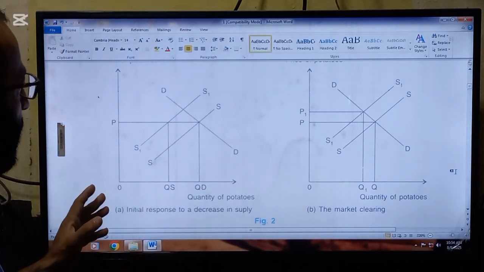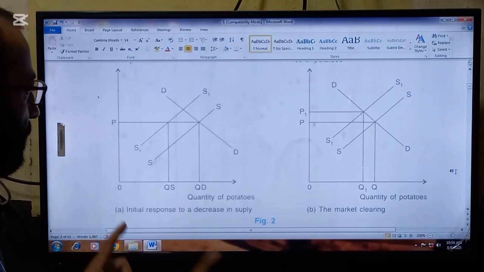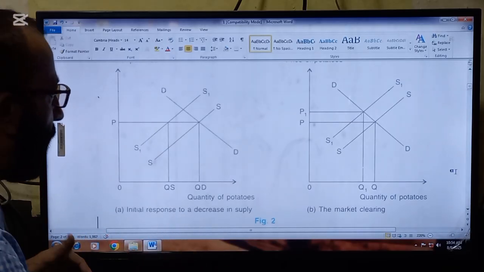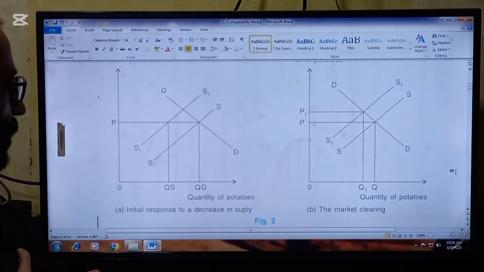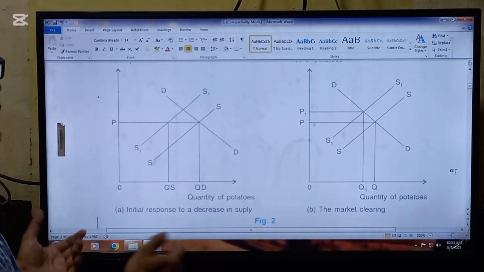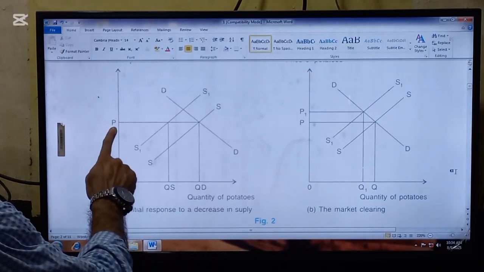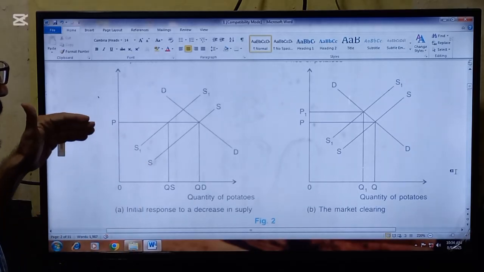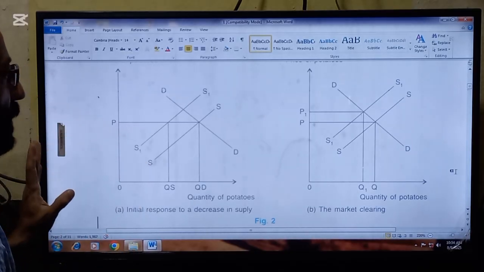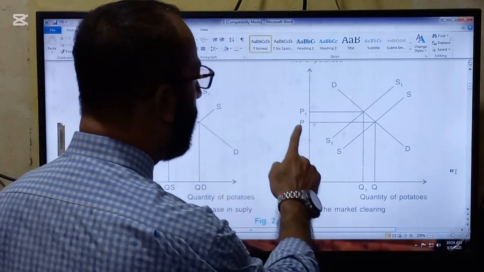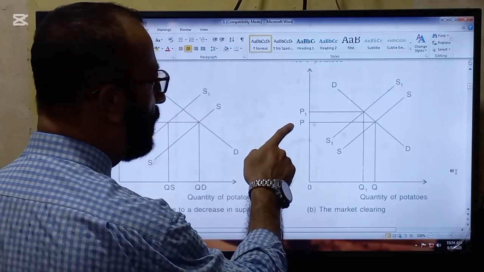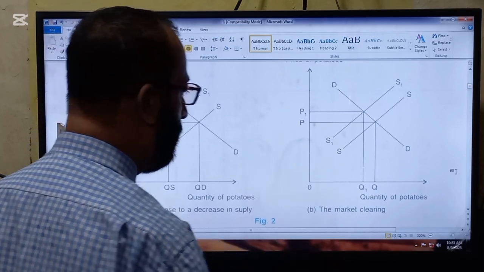Because now supply in the market is less but the demand is the same, it means there is an excess demand. So there will be an upward pressure on the equilibrium price to reset as the new equilibrium price. Definitely that will be higher than the previous equilibrium price. So look now, this P1 will be the new equilibrium price, which will be higher than the previous equilibrium price.